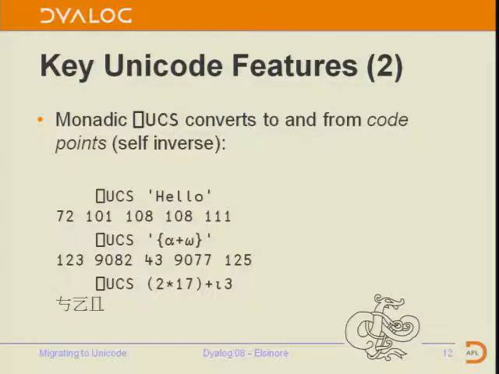If you try this one in the classic version, you would get a new error called the translation error, because you've generated Unicode characters which are not in quad AV, so the classic version cannot represent them. But quad UCS is self-inverse. If you give it Unicode code point numbers, it returns a character array. If you give it a character array, it returns the code point numbers.